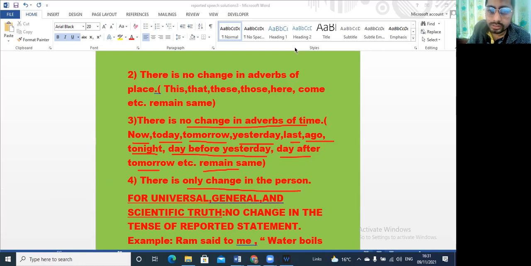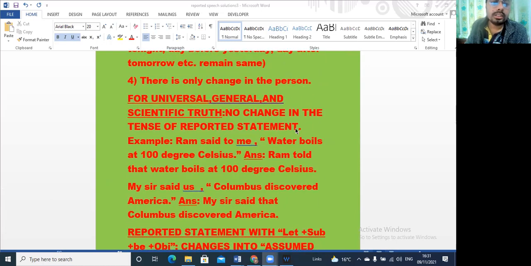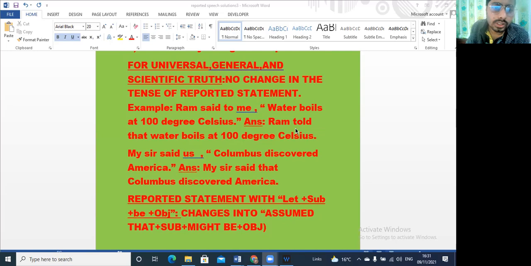Let me clear out this rough work. Next, we have to understand universal, general, and scientific truth. There is no change in the tense of the reported statement for scientific, universal, and general facts.